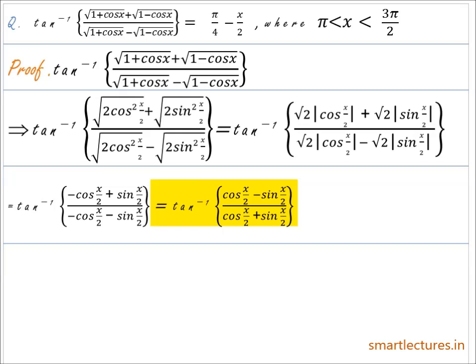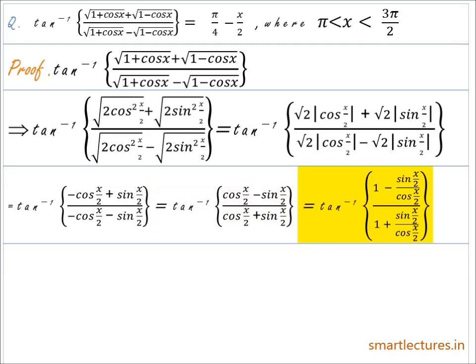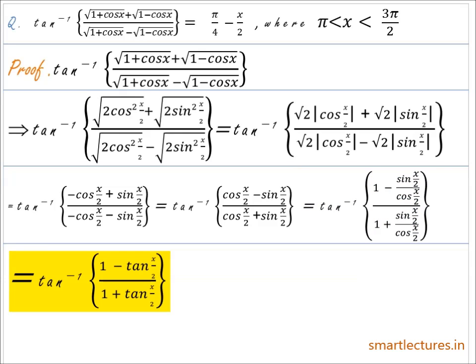Now if we divide both numerator and denominator by cos half x, then this expression reduces to tan inverse of (1 minus sine half x upon cos half x) divided by (1 plus sine half x upon cos half x), which is equal to tan inverse of (1 minus tan half x) divided by (1 plus tan half x).